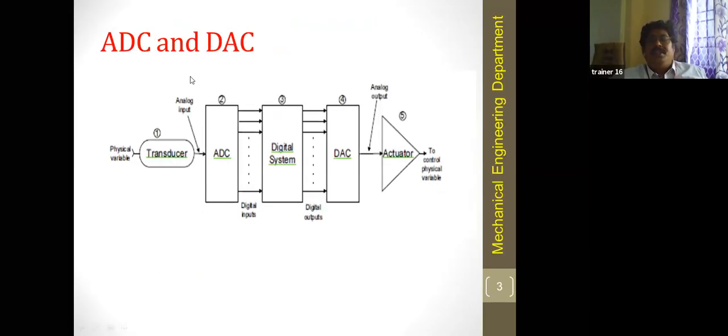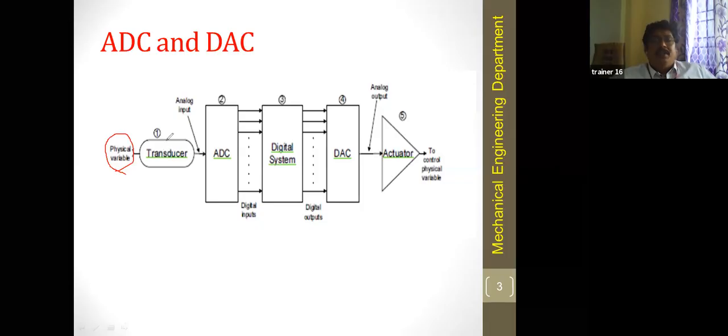The next, this is ADC and DAC. Analog signal to digital signal, and next, digital to analog signal, according to our requirement we have to go for conversion. See here, this is the physical variable from an equipment under test or a machine, right?